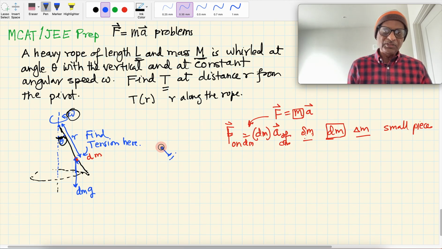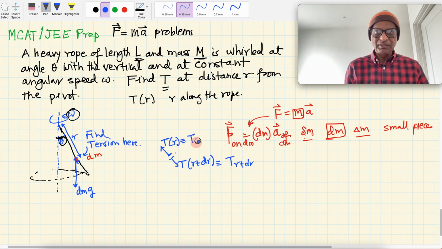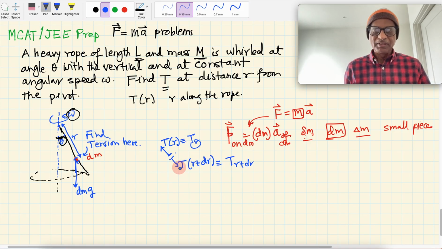So there's a tension pulling that way, and there's a tension pulling that way. So this tension I'm going to call T at R plus dr, however you want to do it, okay? And T at R, you can write T. This R is just a label here, okay?